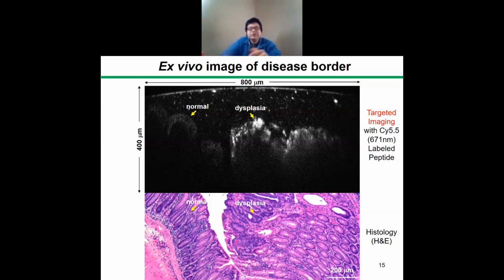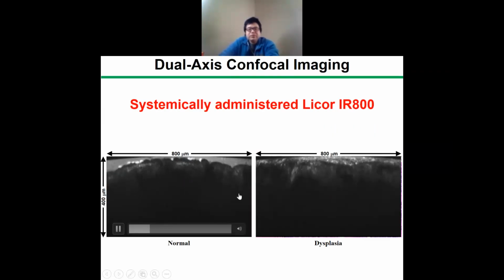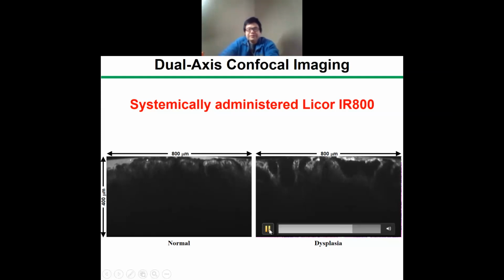So essentially we call this molecular imaging. It's targeted based on the contrast agent. Using the system, we can also do vertical cross-sectional imaging on the tissue sample. We tried it on the mouse first, and this is a picture of the setup. It provides in vivo imaging and longitudinal monitoring of tumor development. You can also see how the contrast agent targets the tumor area.